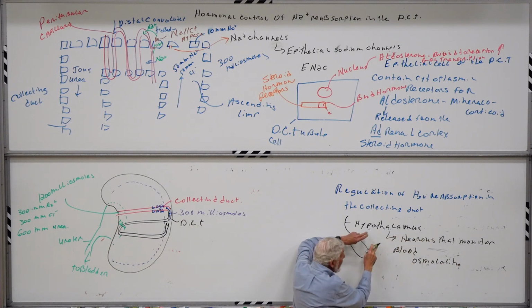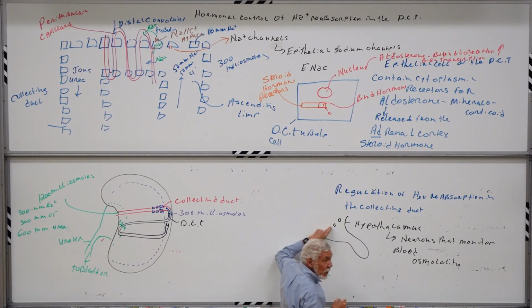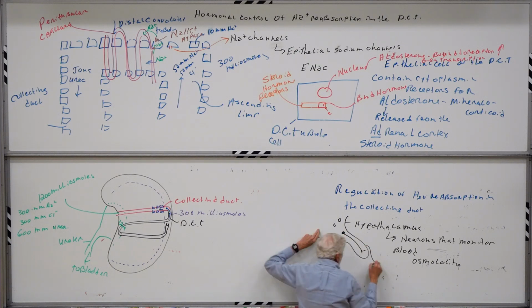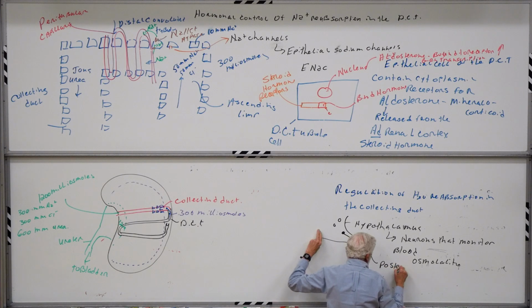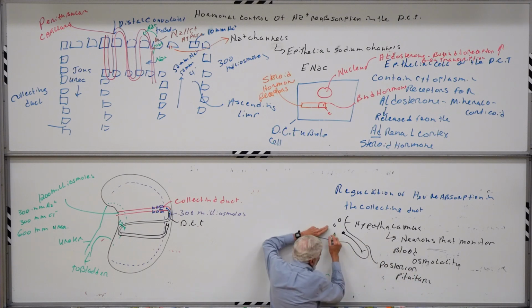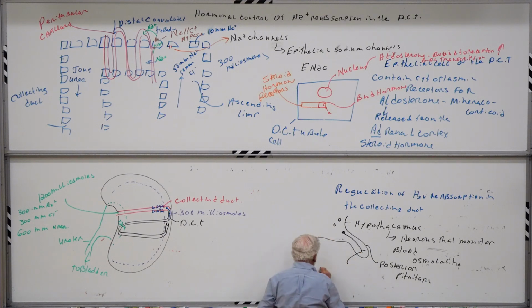And so what's happening here is these cells are saying, it's getting salty in here. And so what they do is they signal now other cells here in the posterior pituitary. When these cells signal the cells in the posterior pituitary, these release a peptide hormone called vasopressin.